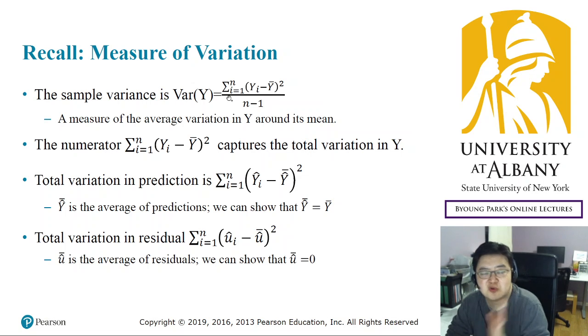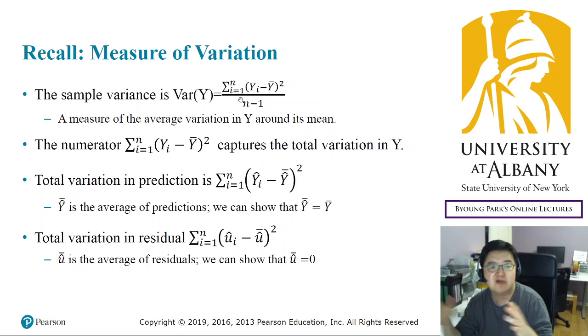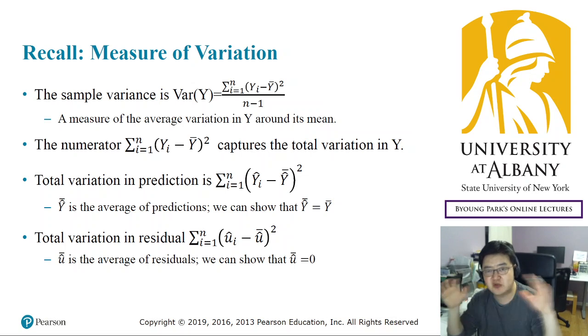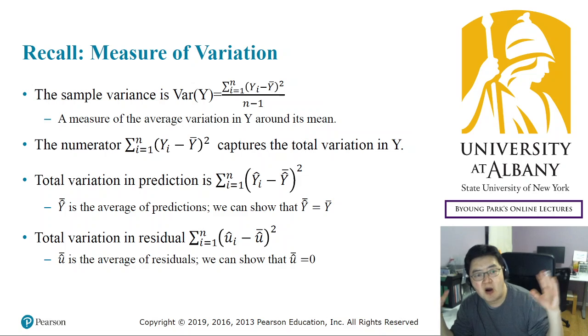And remember, rather than the formula itself, what I want to tell you here is that it is a measure of the average variation in the variable y with respect to its sample mean. Here is the sample mean, then your observations will be spread around the mean.